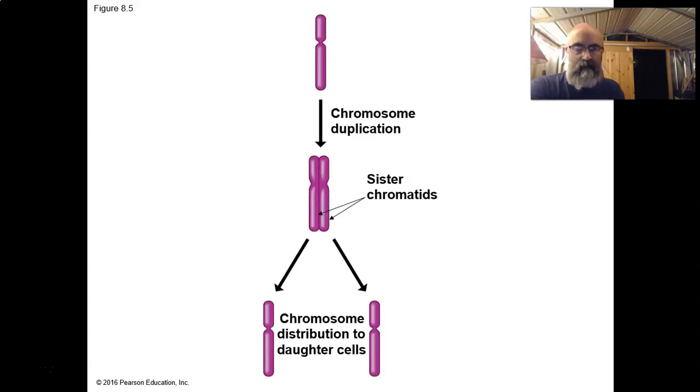Okay. So, second question here. Know the basics of how a somatic cell reproduces through mitosis. So we're going to talk about two different types of cell division, mitosis and meiosis. Okay.